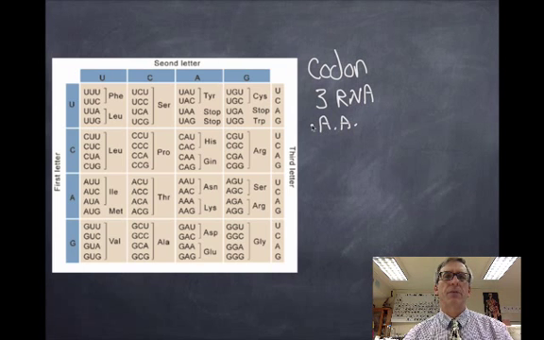So for instance, if we were given the combination CGA as a codon, which amino acid is that? First letter C, second letter G, third letter A. Here's my CGA, and that codes for ARG, or arginine.